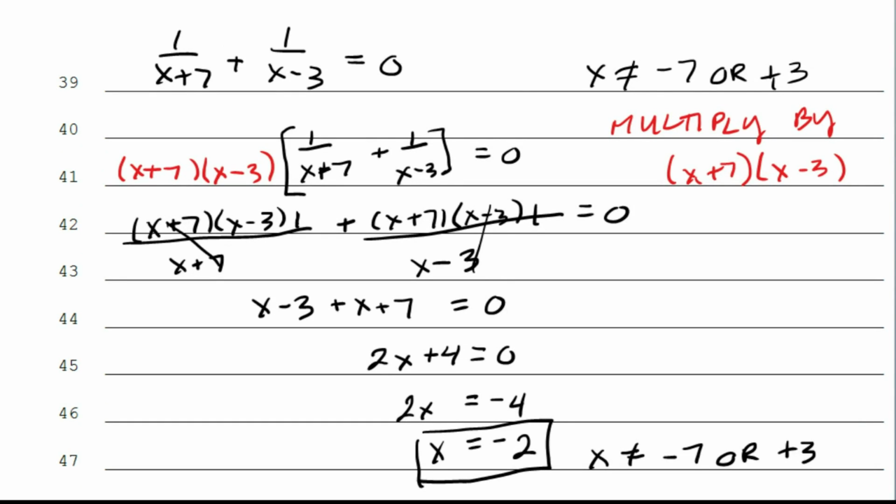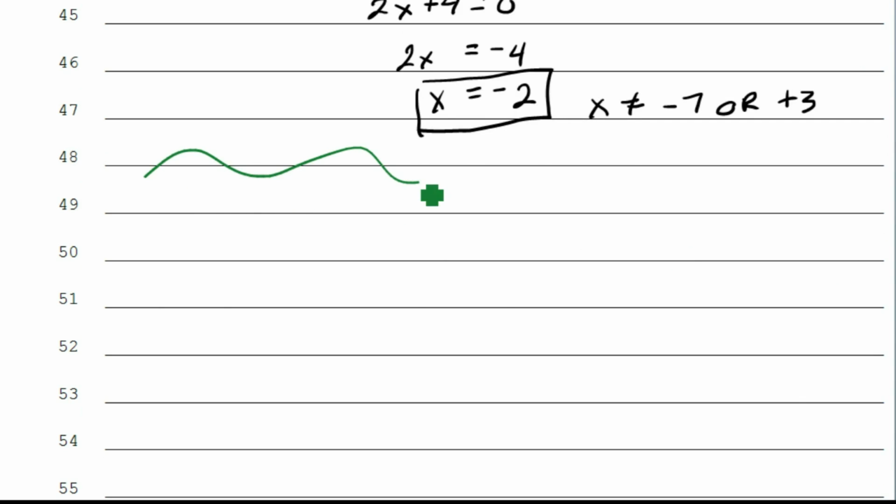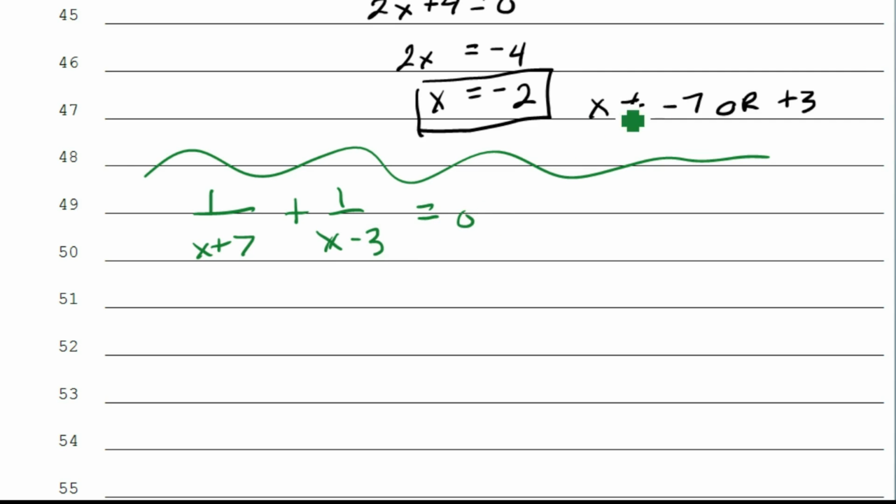And do a quick check. We had 1 over x plus 7 plus 1 over x minus 3 equals 0. We say x equals minus 2, just put that in there. 1 over minus 2 plus 7 plus 1 over minus 2 minus 3 equals 0.